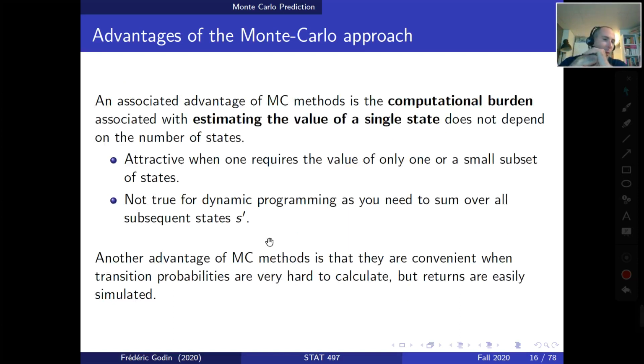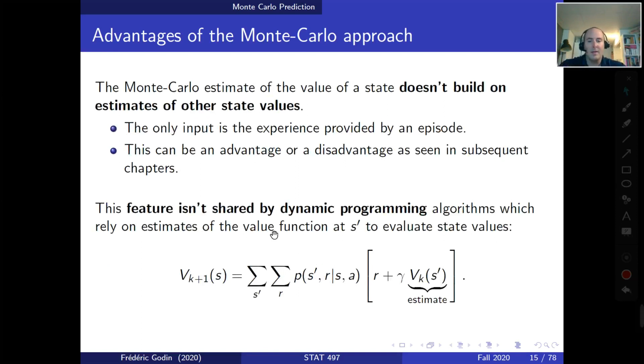One nice feature about these types of approach is that the computational burden associated with estimating the value of a given state S does not depend on the number of states. Let's go back here one slide. This was the dynamic programming algorithm to estimate the value of a state. It involved summing across all subsequent states. If the number of possible next states is very large, this summation would become very large.